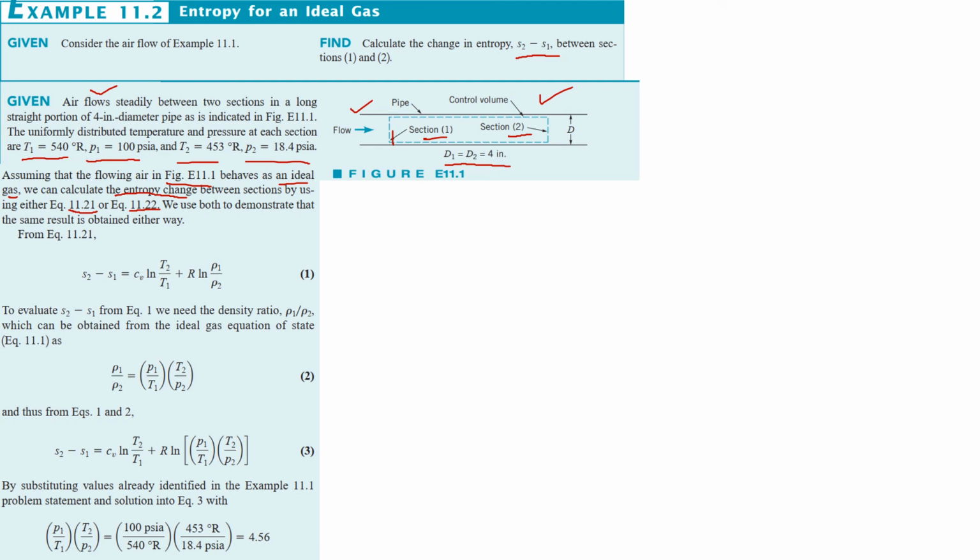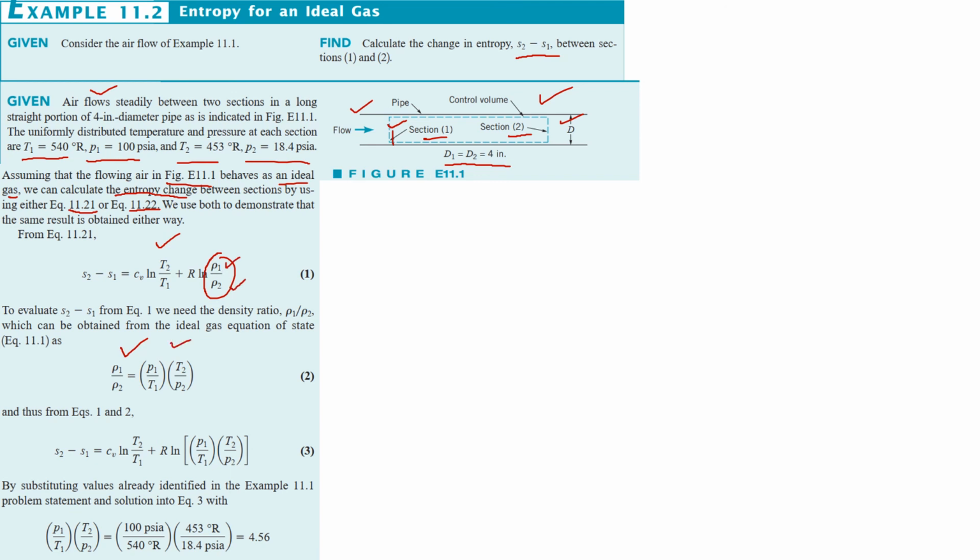So we can use equation 11.21, and in this equation we are going to replace this term with the ideal gas equation, in this form. We will apply the ideal gas equation and derive rho 1 and rho 2 and then write it as such.